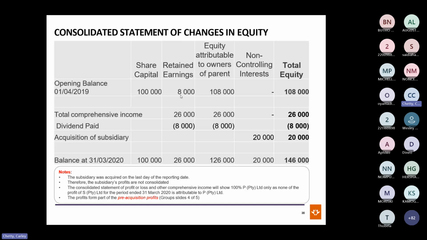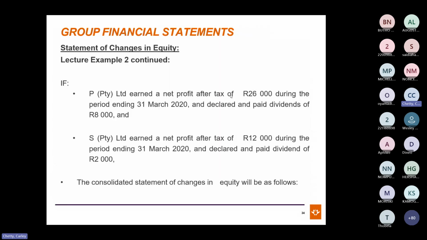For retained earnings, they gave us the closing balance on slide 25, and the closing balance of retained earnings was 26,000. And they told us that P had total comprehensive income of 26,000 Rand after tax, and they declared and paid a dividend of 8,000 Rand.